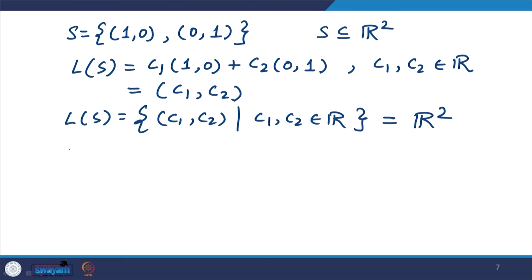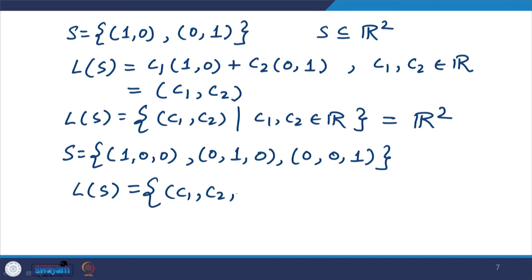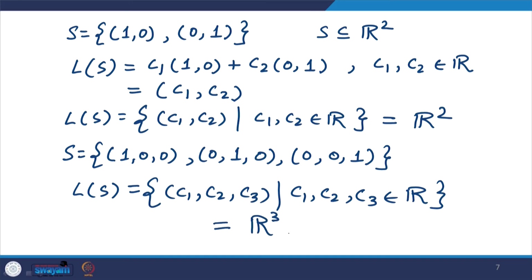Similarly, if I take 3 vectors (1, 0, 0), (0, 1, 0), (0, 0, 1), then the linear span of S will become like the earlier one, (C 1, C 2, C 3) such that C 1, C 2, C 3 belong to R. And what is this? This is R 3.